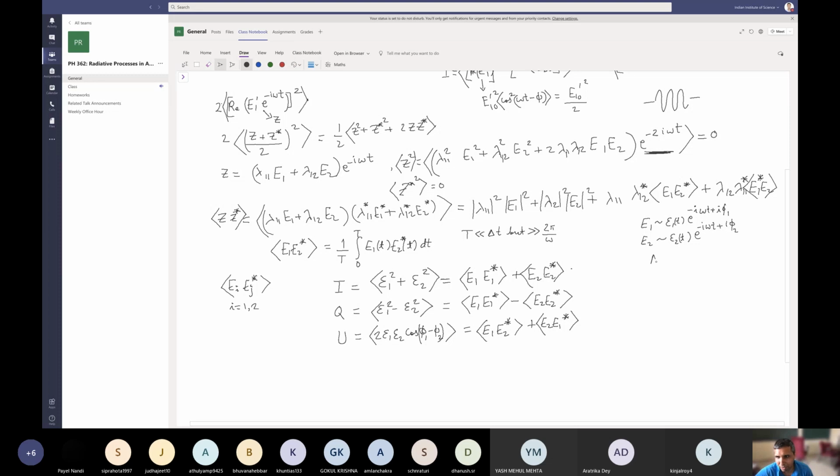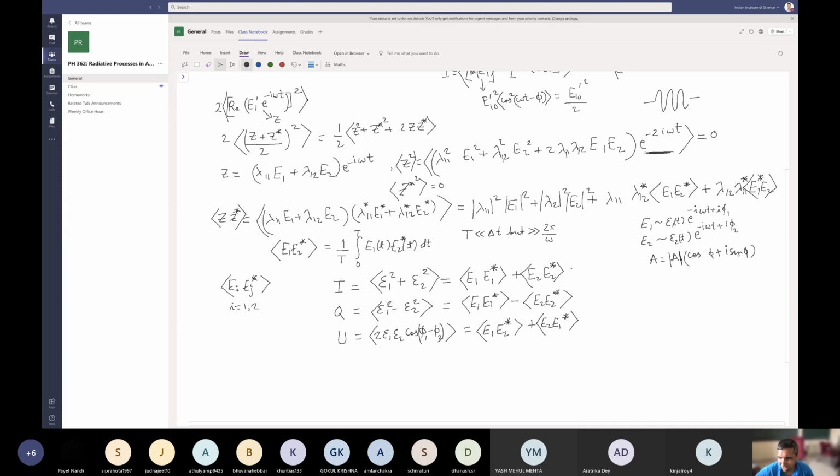If you have a number A equal to the absolute value of A, which is real, times cos phi A plus i sin phi A, right?